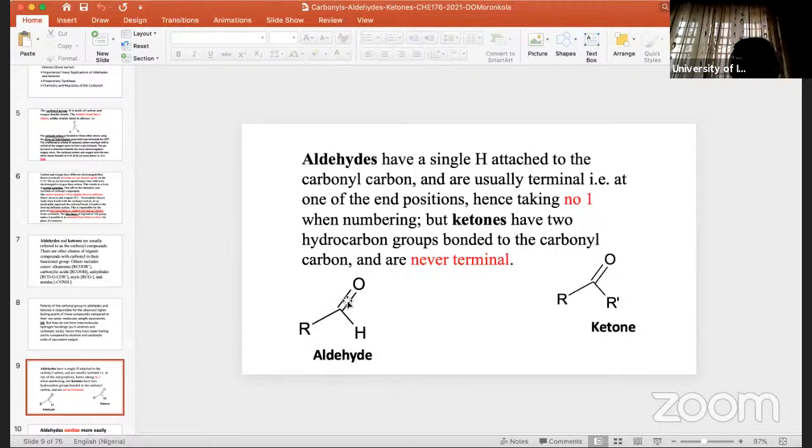That is, it's always taking number 1 when you are numbering the molecule. So it's always terminal. Whereas the carbonyl of the ketone, the carbon of the carbonyl, is never terminal. It's usually bonded to either an alkyl or aryl group on the two sides.